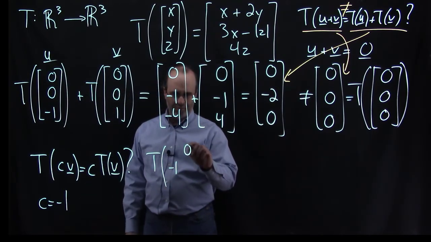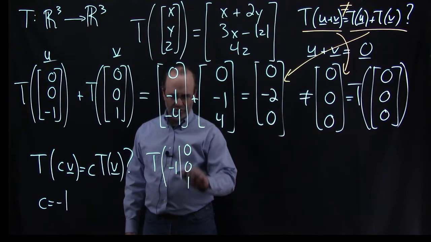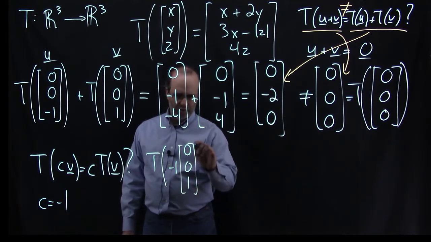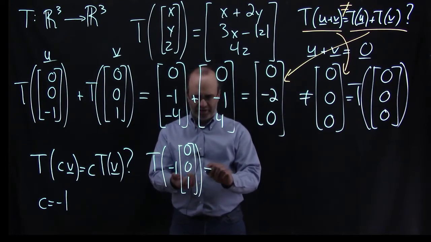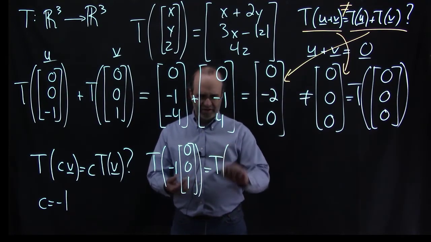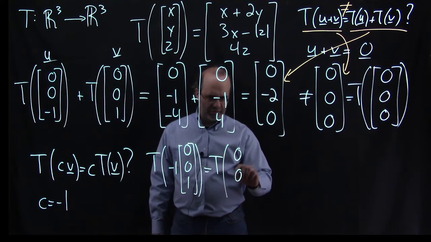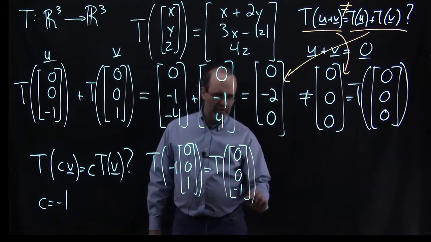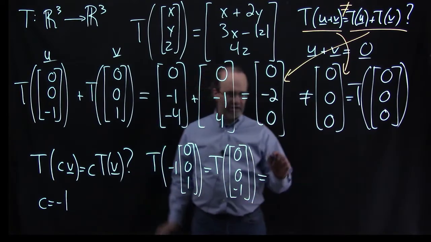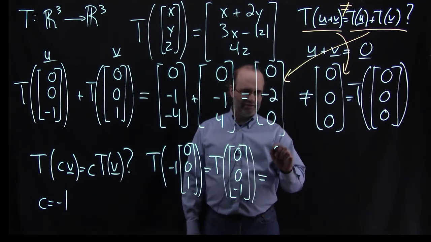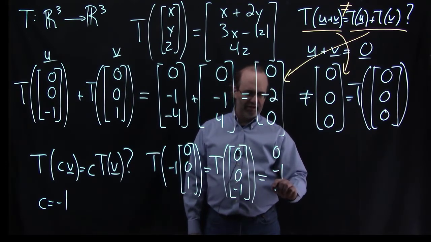For v, I'll keep (0, 0, 1). First I have to do what's inside the parentheses before I apply T. So what is this vector? Well, this is the vector (0, 0, -1), and we already computed T applied to it. It's going to be this vector: (0, -1, -4).